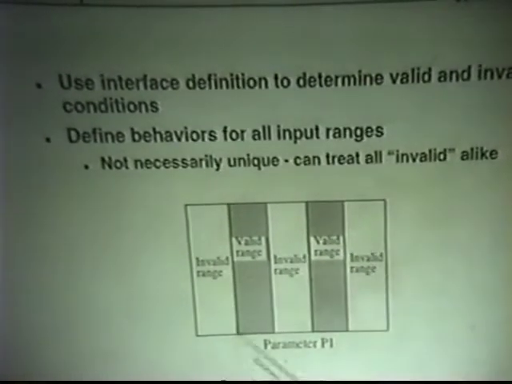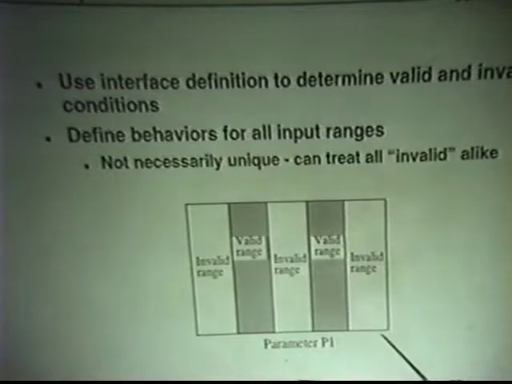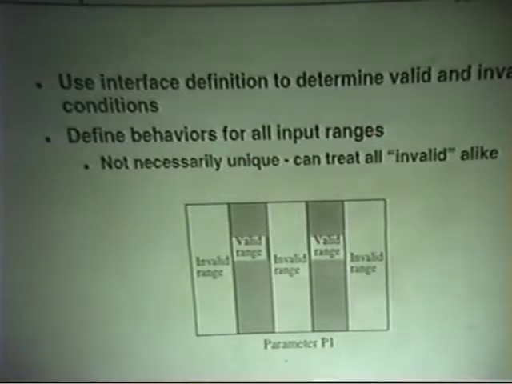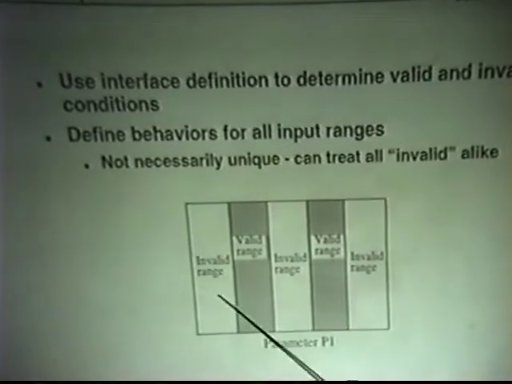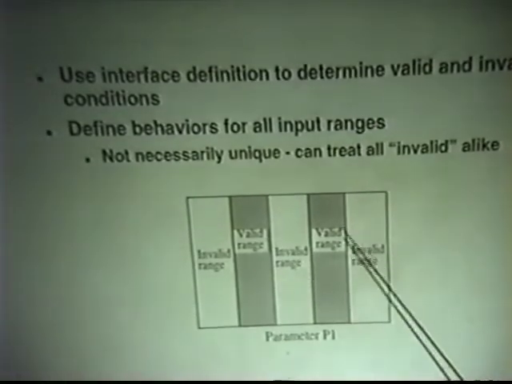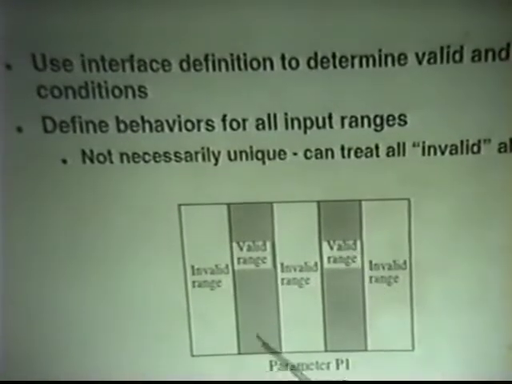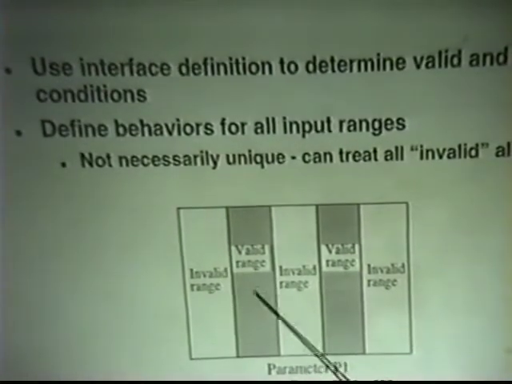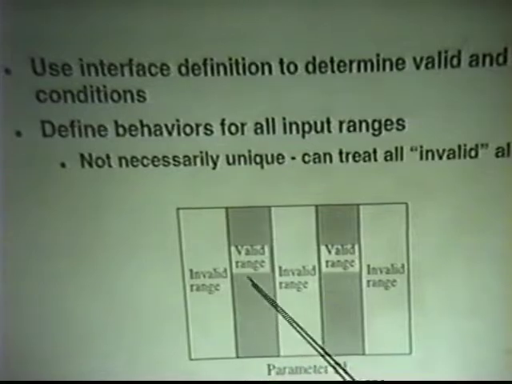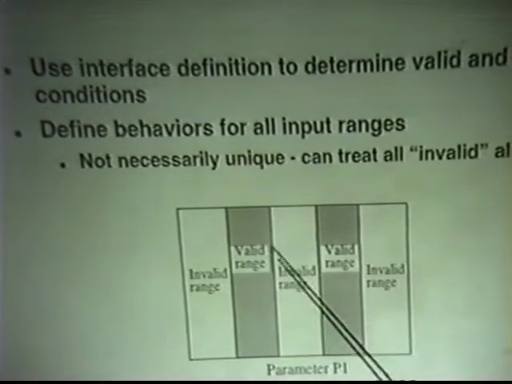Now I need to define a behavior for each one of those, and let's assume this range here is all of physically possible space. So if I go from here to here, I've covered all possible conditions for that parameter. Well, I've got 3 invalid ranges and 2 valid ranges, and I just want to make sure that I've defined a behavior. Now, it may be that the valid ranges both have the same behavior.